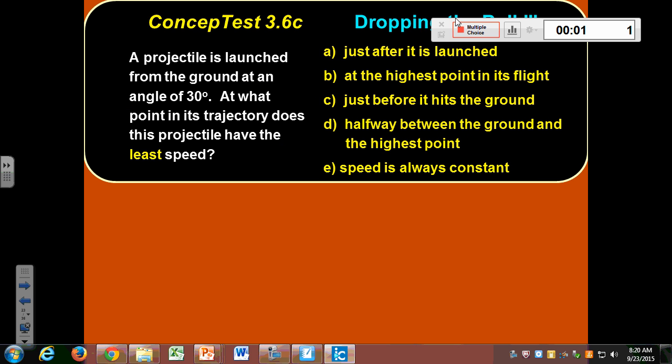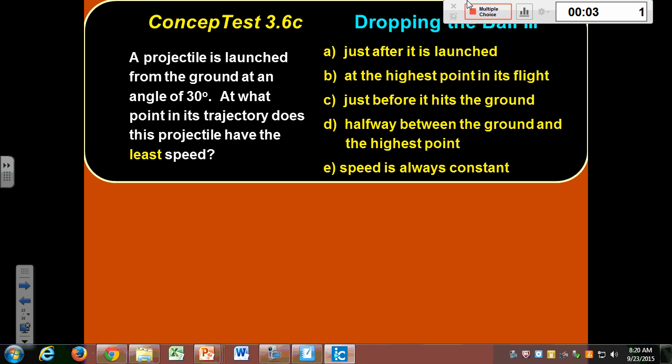A projectile is launched from the ground at an angle of 30 degrees. At what point in the trajectory does this projectile have the least speed? So it's launched, follows a path like that. Where does it have its least speed?